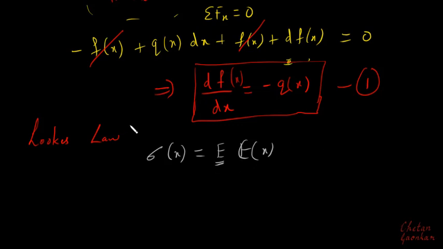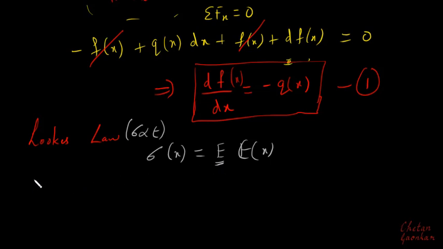If stress and strain are varying with respect to x, then it will be stress sigma of x proportional to strain epsilon of x, and the proportionality sign can be removed by using a constant called Young's modulus.